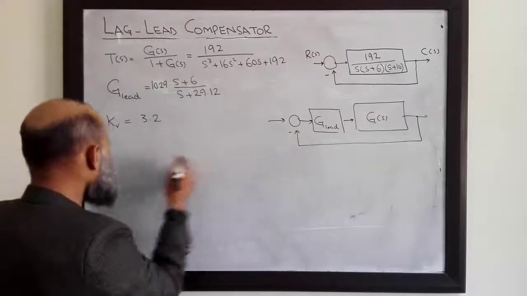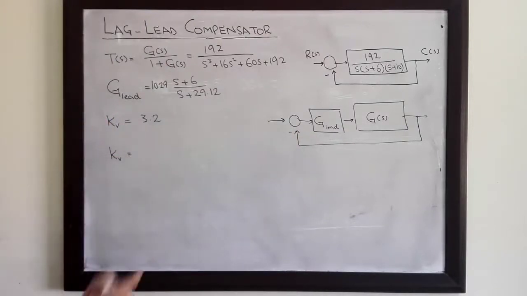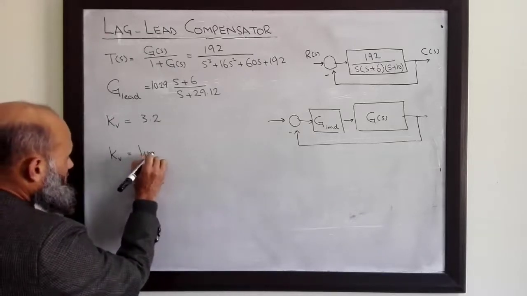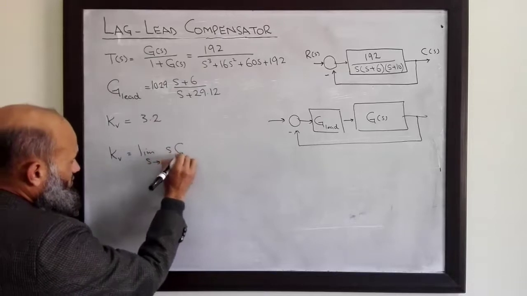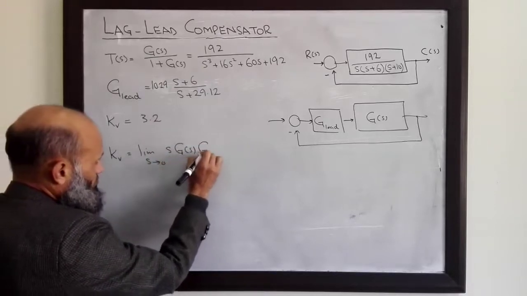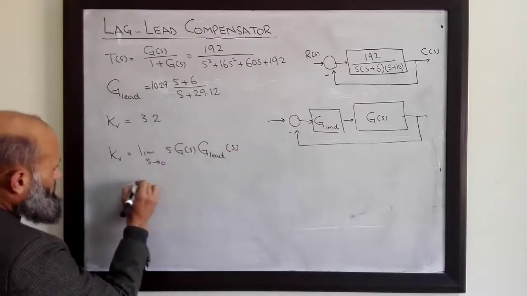So let's determine Kv for this system. Kv is the limit as s tends to 0 of s G of s into G lead of s, that we have designed over here.